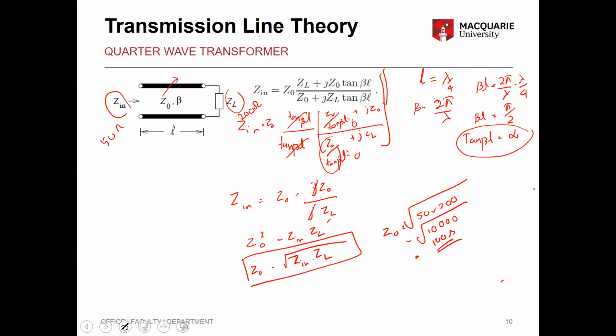So if this is 50 ohm, this is 200 ohm, and you pick this 100 ohm because that satisfies this condition, and this length is lambda by 4, that line will have minimum reflections towards the load because it transforms this impedance of 50 ohm to 200 ohm. So you have to use a line with 100 ohm impedance and a length of lambda by 4 to provide the transformation of impedance. This is called the impedance transformer, and this is called the quarter wave transformer.